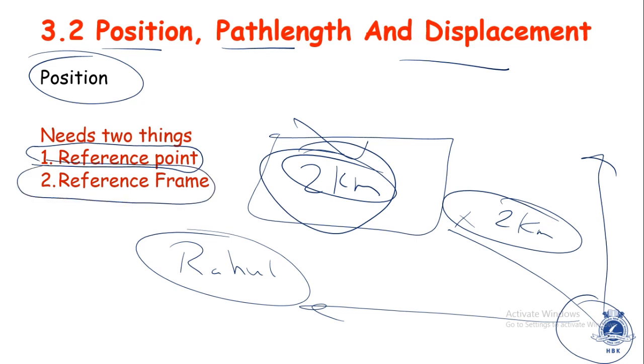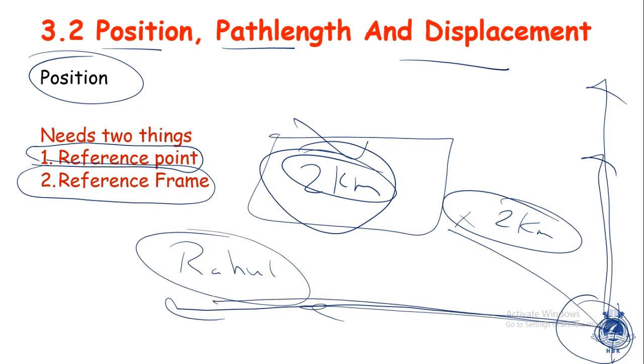If HBK is considered to be the reference frame, a point or situation from where the observer is taking his observation, we have to make x-axis, y-axis and z-axis, and then you can find out his position, that he is living along a negative x direction this much distance, and positive y direction this much distance. So in that way you can find out his position. So for position we need two things: a reference frame and also a reference point.